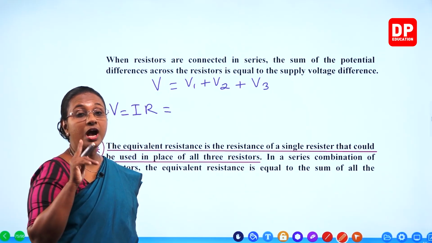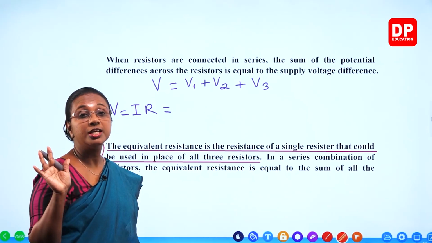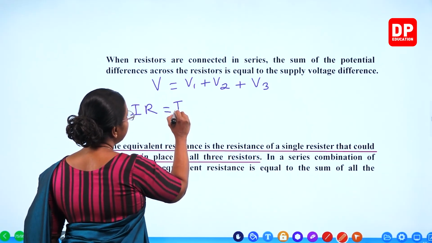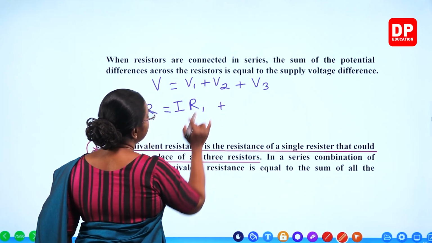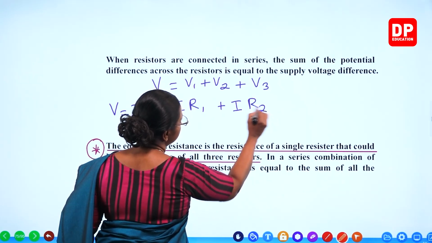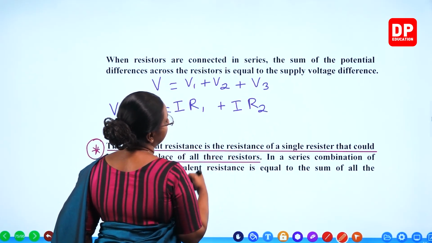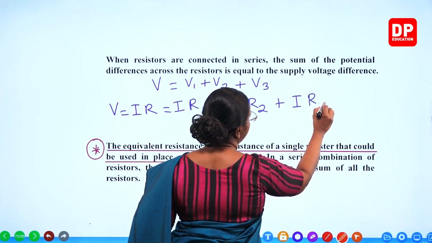V1 is equal to I into R1. The current does not change. So I into R1, plus V2, which is I into R2, plus V3, which is I into R3.